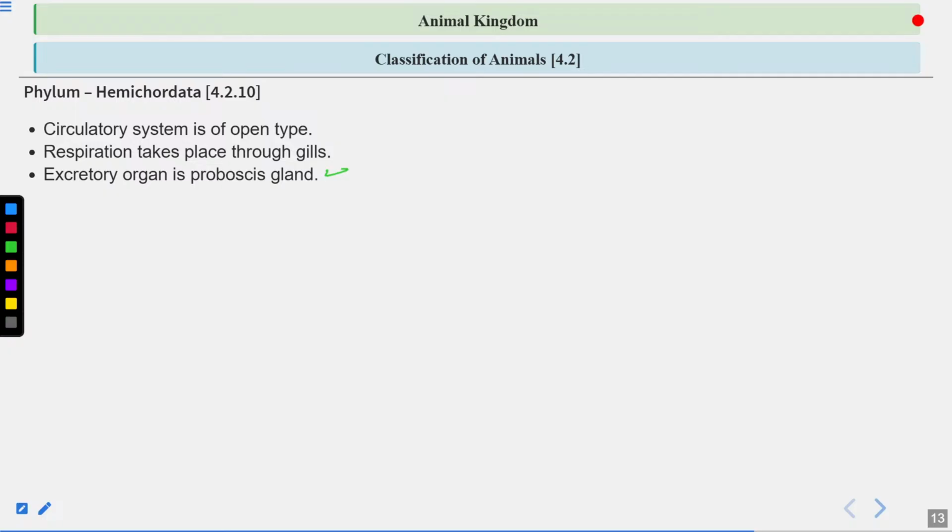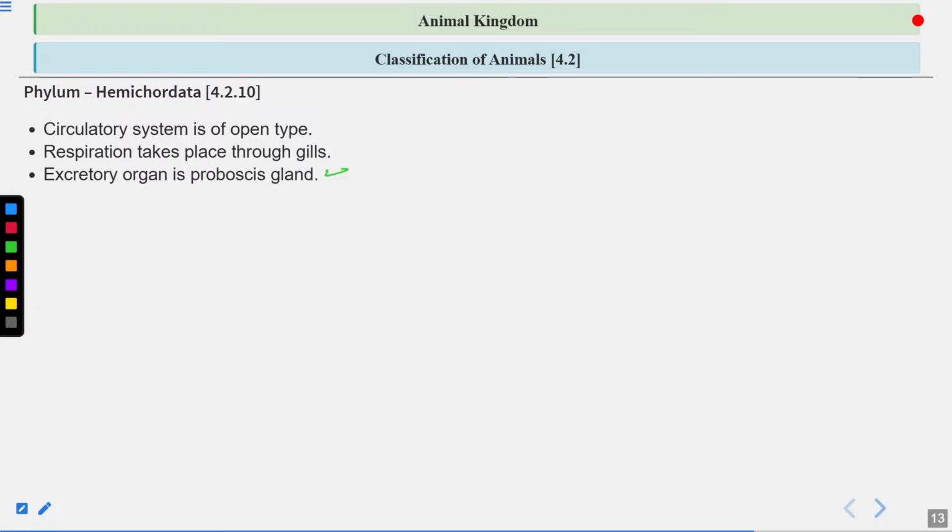Clear? So the hemichordates have an open circulatory system where blood flows in the body cavities, and respiration happens through the pharyngeal gill slits. These slits are very unique.